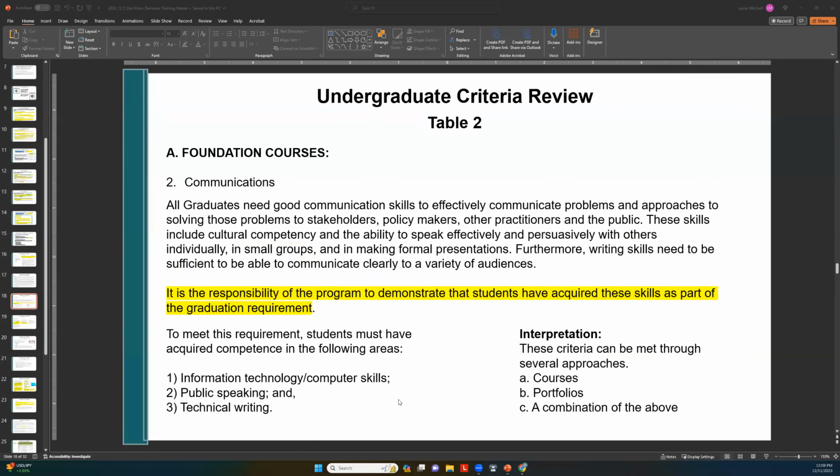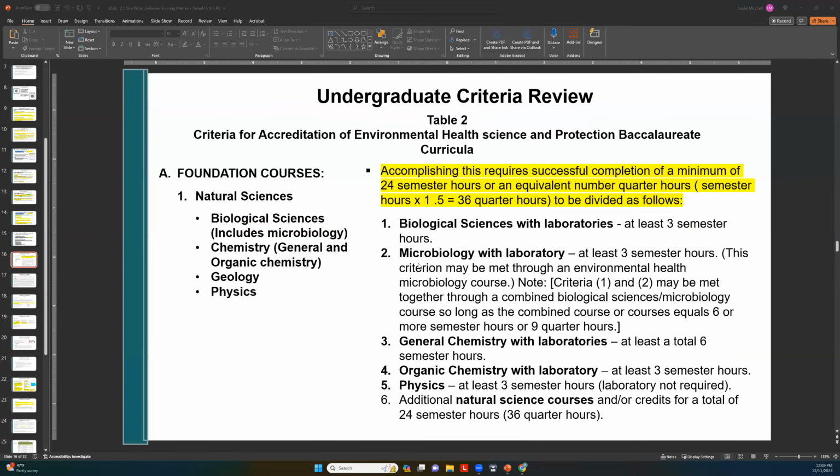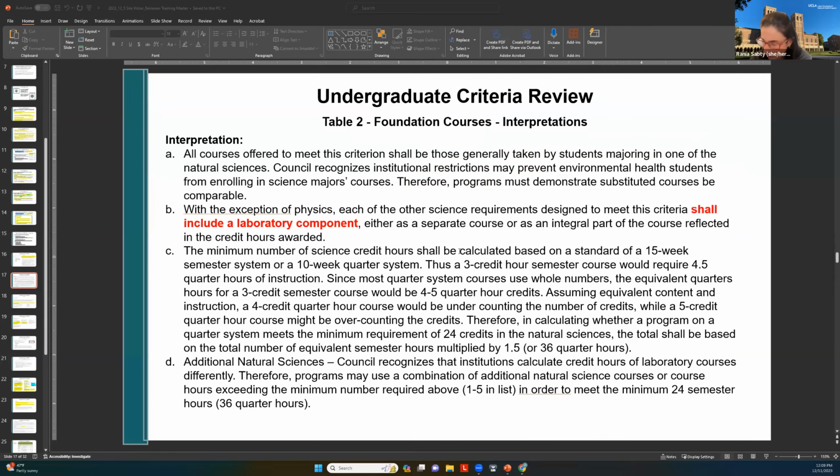Oh, there it is. Semester equals times 1.5 equals quarter hours. Okay, perfect. I needed that. Thank you. You're welcome.